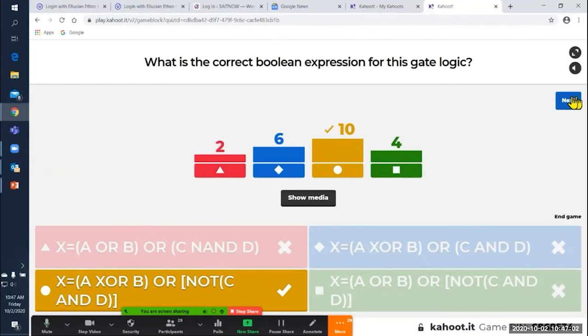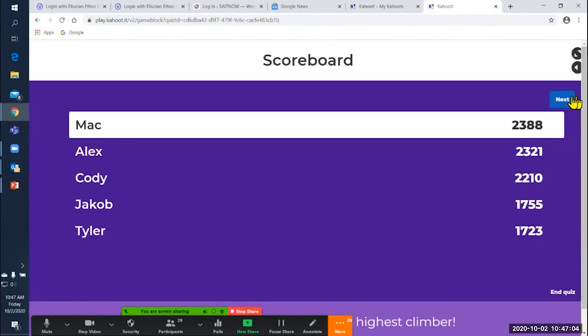Good, excellent. It's not easy to get. Max stays in the lead.